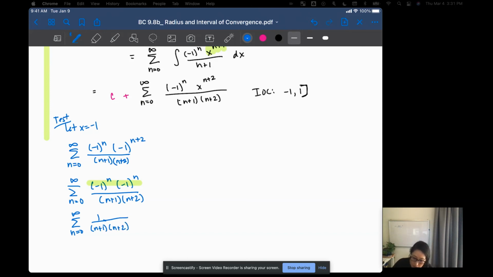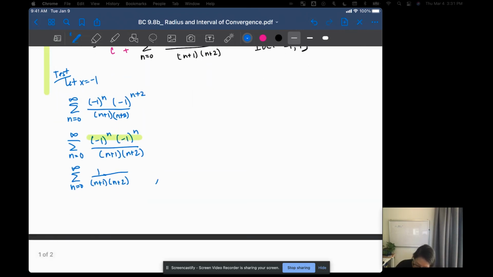Okay. And I decided that I want to test this, 1 over n plus 1 times n plus 2, and compare it to 1 over n squared and see what happens.